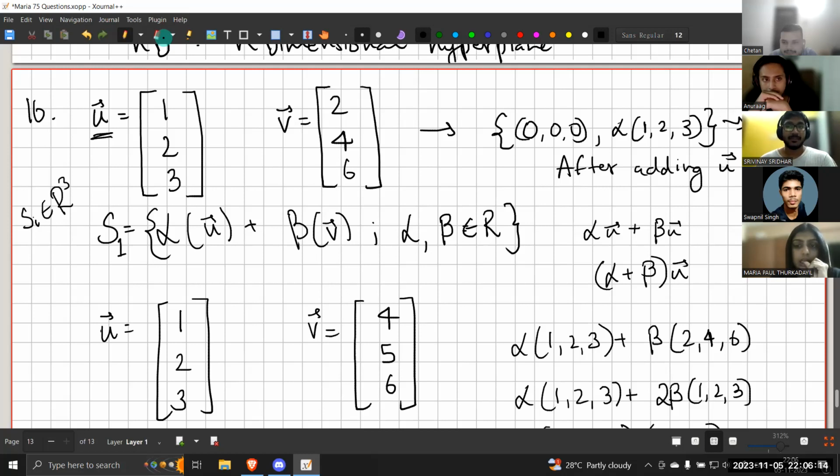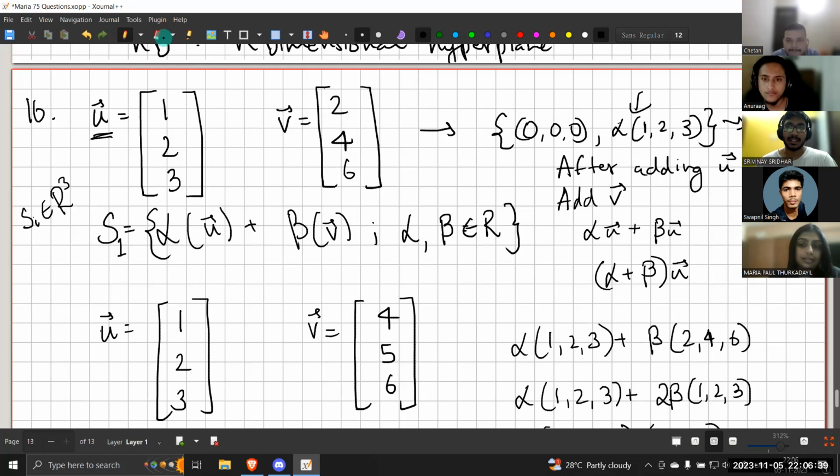But yeah, we can just do the same thing that we did for a subspace. We will add the first vector to this subspace, and first we observe that this itself is a subspace, and then I try to add V. I try to add V, and I realize V is already present inside this. Do you agree?